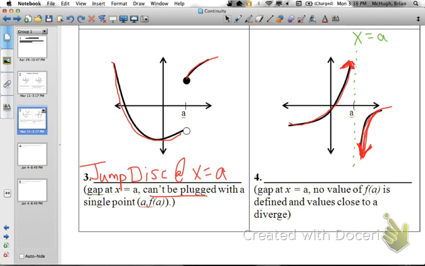And it's that up forever and down forever that gives this function an infinite discontinuity at x equals a. So your function is either continuous or it's discontinuous. And the discontinuities can be classified as either removable, jump, or infinite.